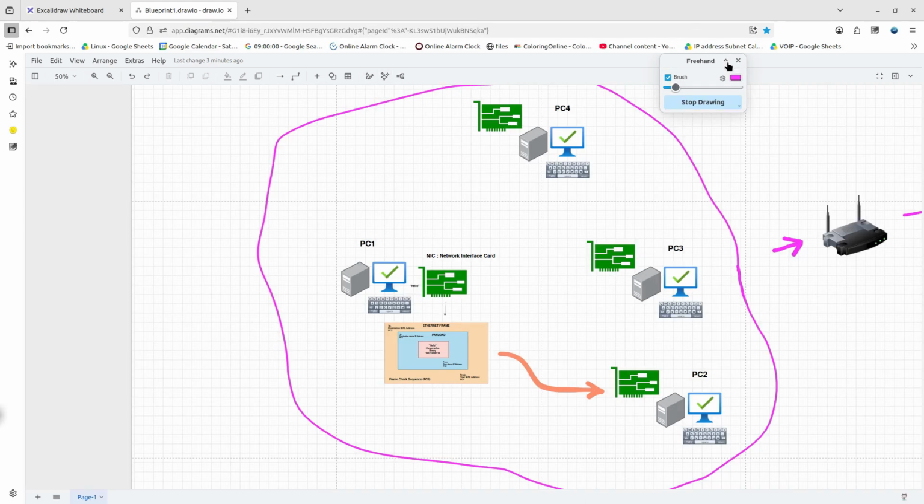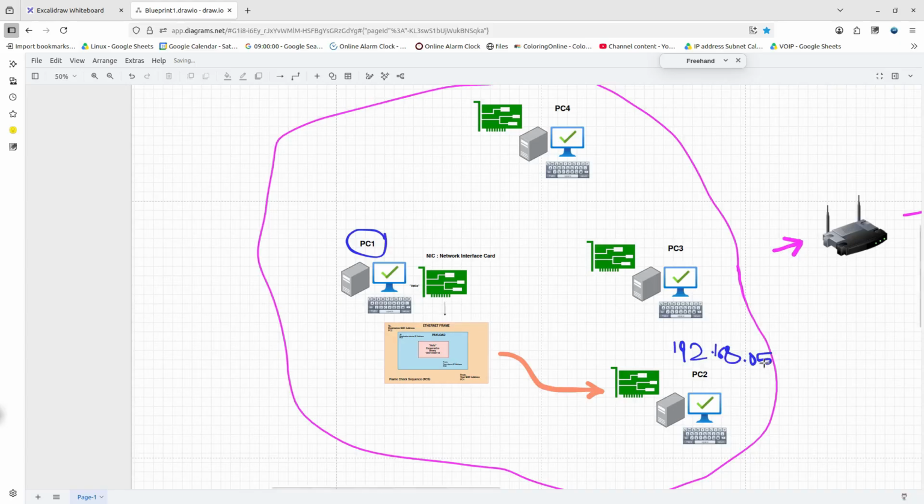Let me first use the color blue. Imagine PC1 is in a room full of strangers. PC2, PC3, PC4, they're all strangers to this person. And PC1 shouts, "Hello, entire network. Which one of you has the IP address of 192.168.0.5?